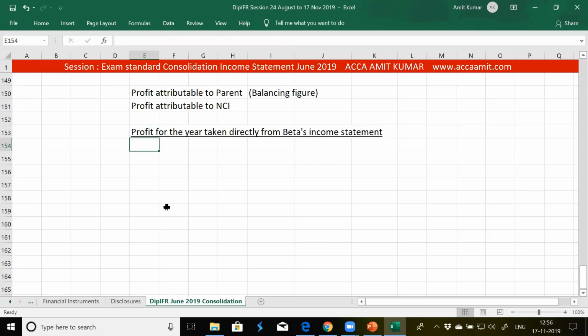Beta's income statement shows that beta's profit for the year is equal to 24,000. But this is without these adjustments. Which all adjustments?